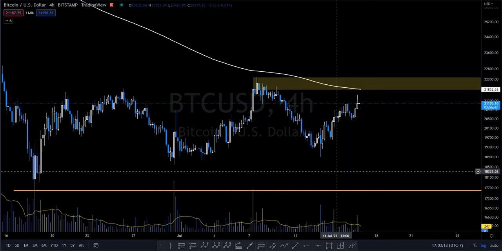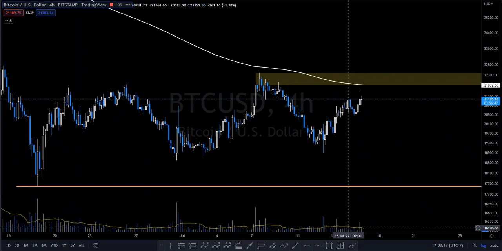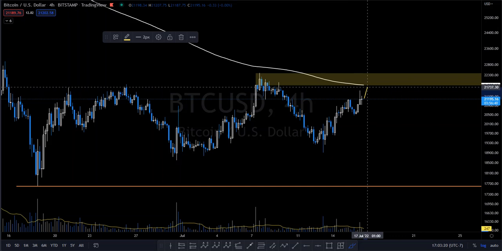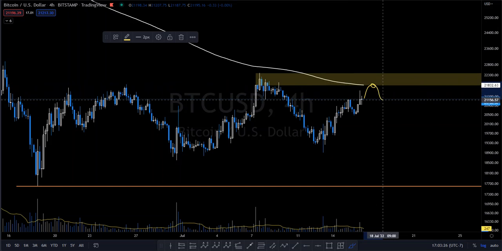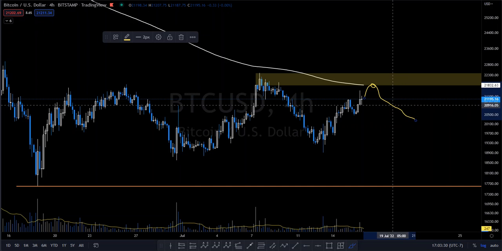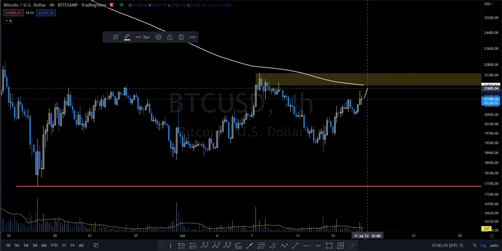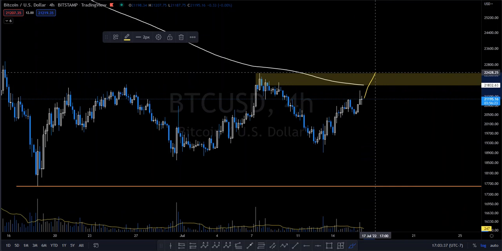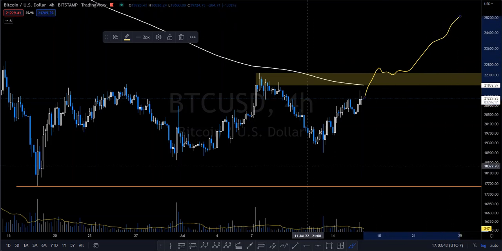I expect to see a move to this level and then probably some sort of bearish reversal pattern, and then the price starts going down. This is my first scenario, but the second scenario would be that it will strongly break up through this resistance and start to consolidate here and then go into the higher levels.